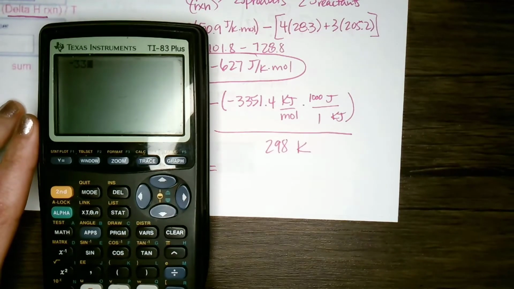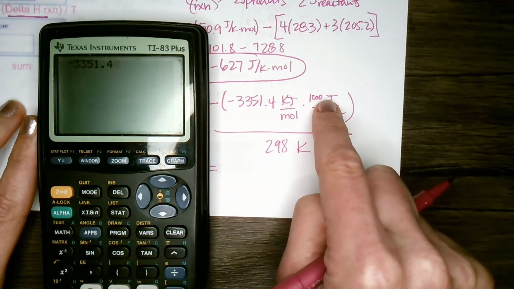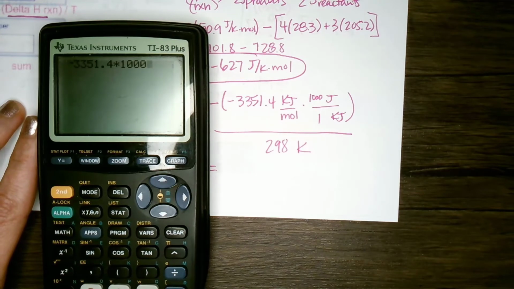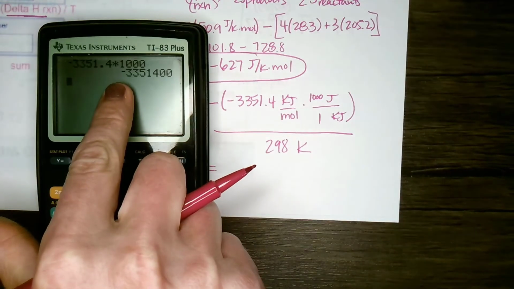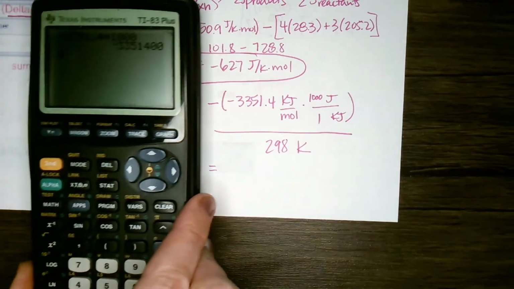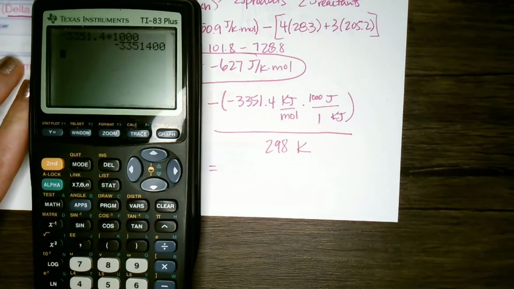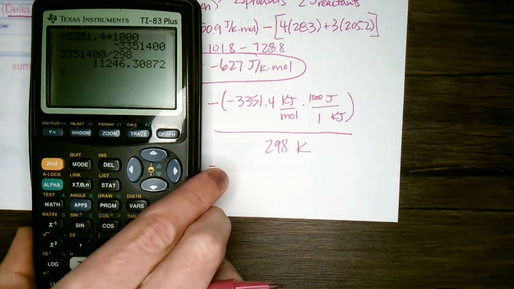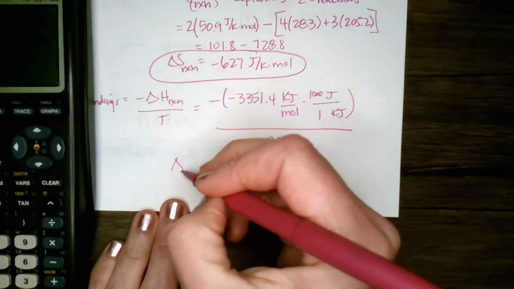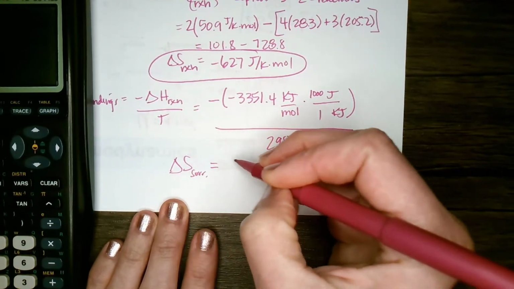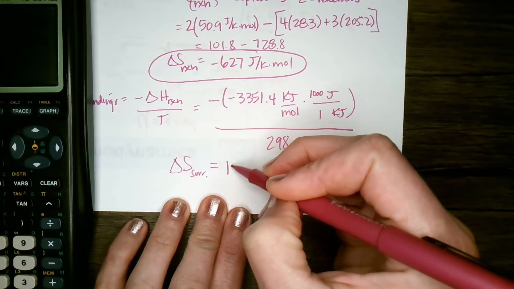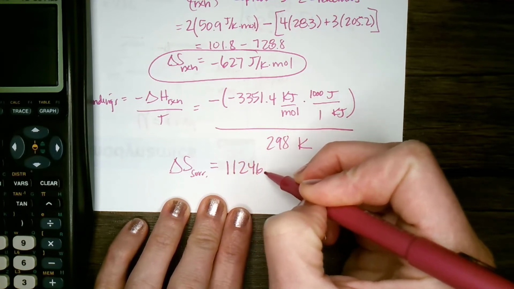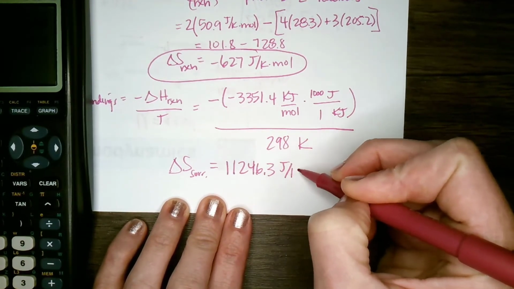Negative 3351.4, we're just going to times it by 1,000. And then remember, it's the opposite of that, so we're going to make that a positive. The opposite of a negative is going to be positive, so I'm just going to write in 3351,400. We're going to divide that by our 298 Kelvin. So our delta S for the surroundings is equal to 11246.3 joules per Kelvin.